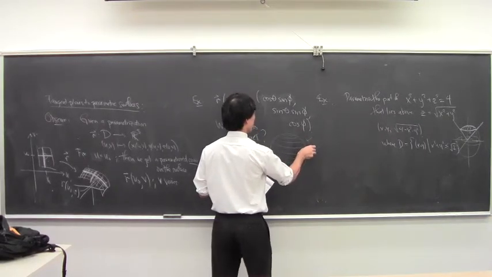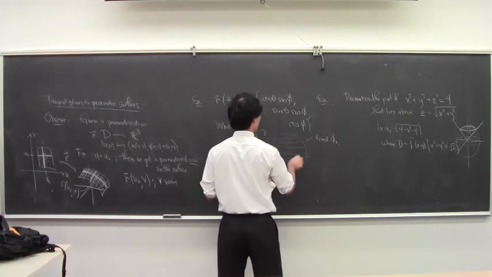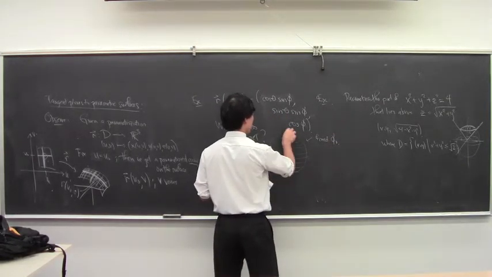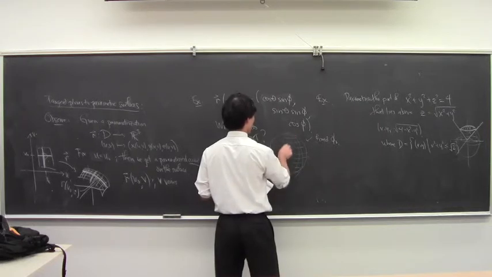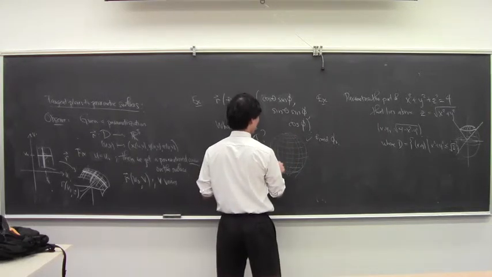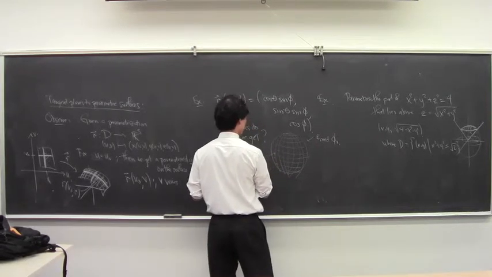These guys are for fixed phi, and these vertical guys are going to be for fixed theta.